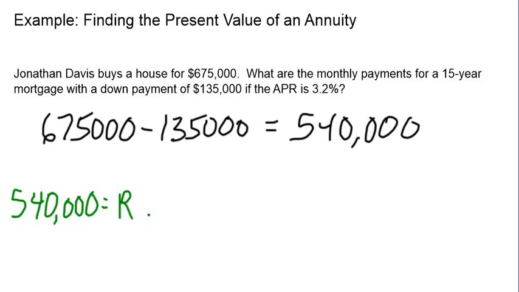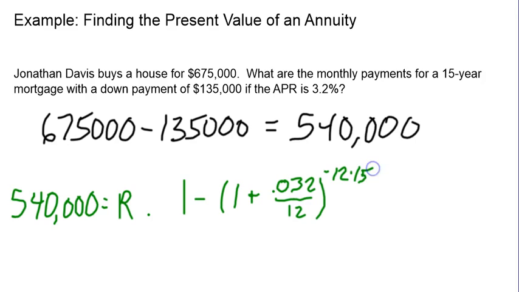R times 1 minus 1 plus I, which is our interest rate, divided by 12. So our interest rate is going to be 0.032 divided by 12, because of our monthly payments, raised to the negative 12 times 15.